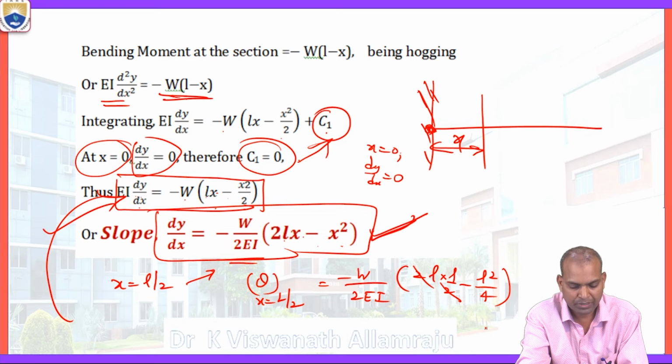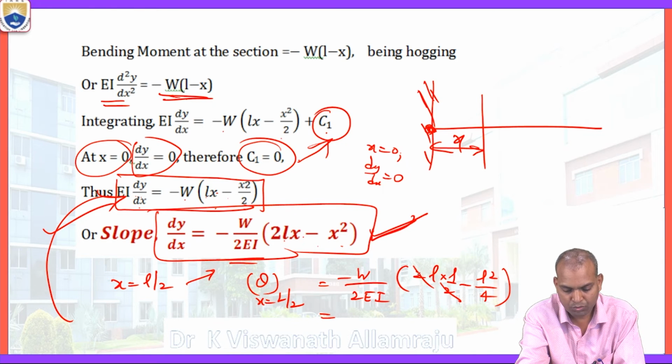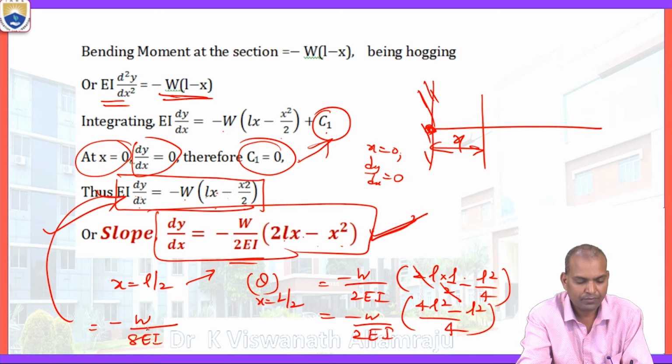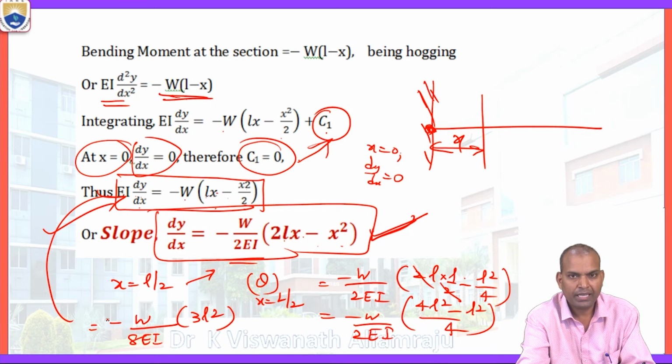Now L by 2 gets cancelled. L square minus L square by 4, that is minus W by 2EI times 4L square minus L square by 4. The final equation is obtained as minus W by 8EI times 3L square. That means 3 by 8 WL square by EI.